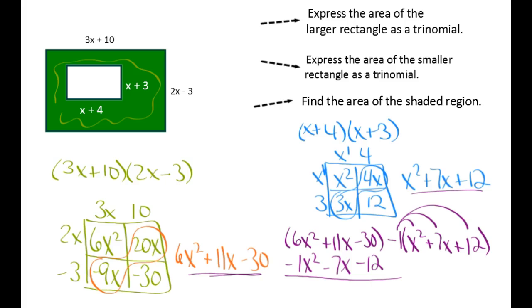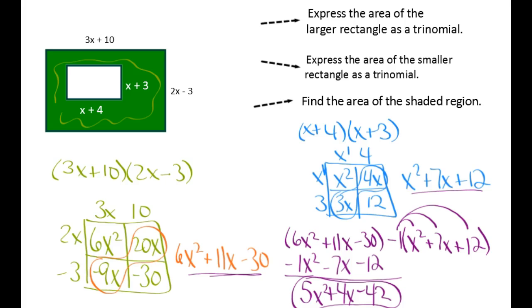Negative 30 and negative 12 make negative 42. 11 and negative 7 makes a positive 4. And 6 minus 1 is 5x squared. And as soon as we know what x is, we would be able to figure out what the area of the shaded region is. But for now, we have to leave it like that.